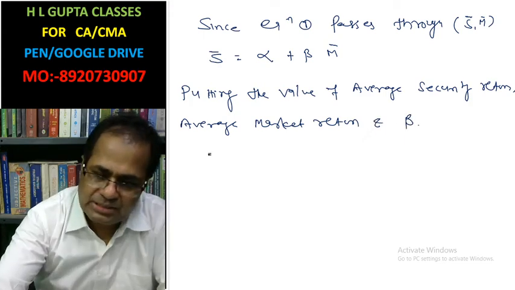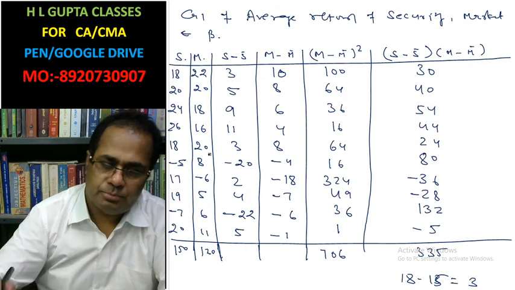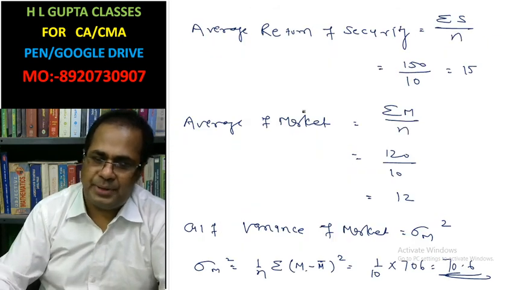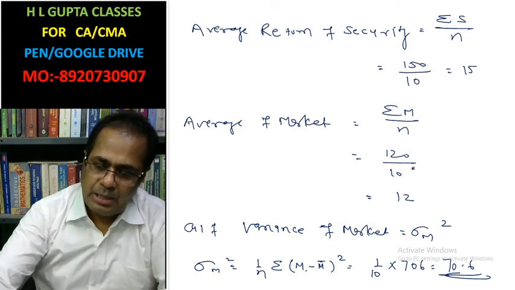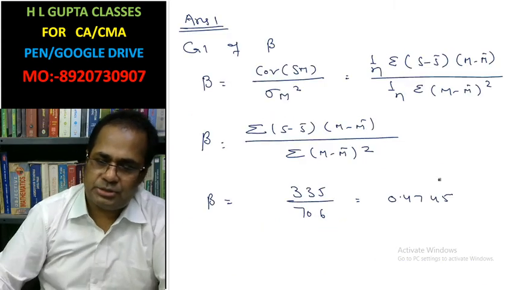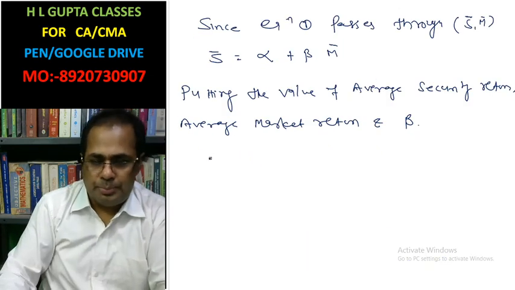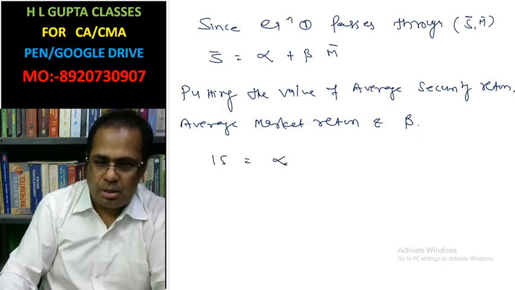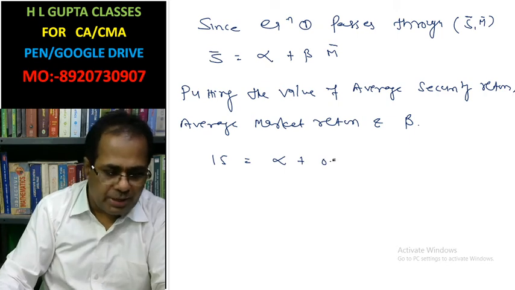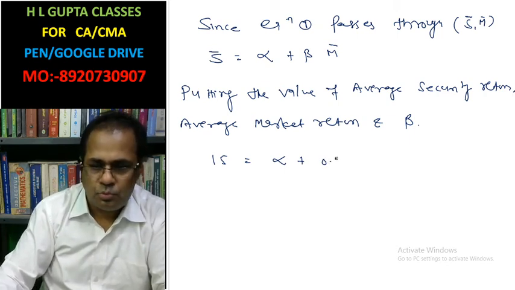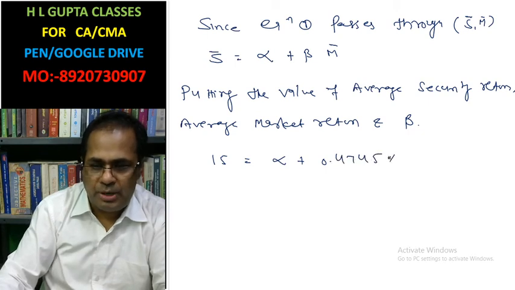The average of security is 15, the average of market is 12, and beta we have calculated is 0.4745. So 15 equals alpha plus 0.4745 into 12.